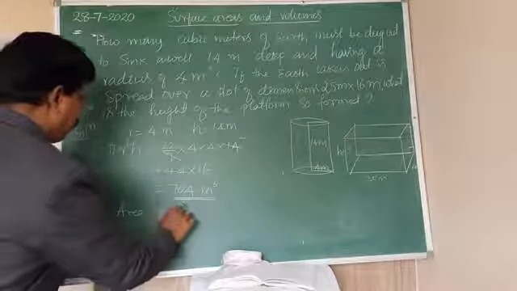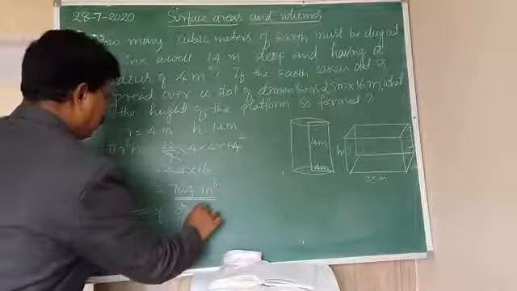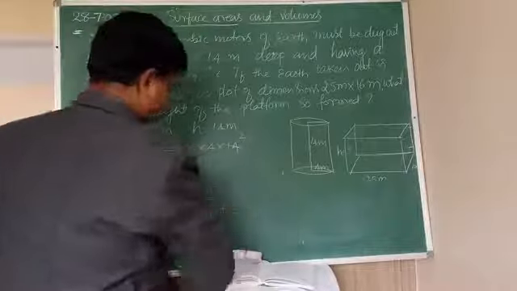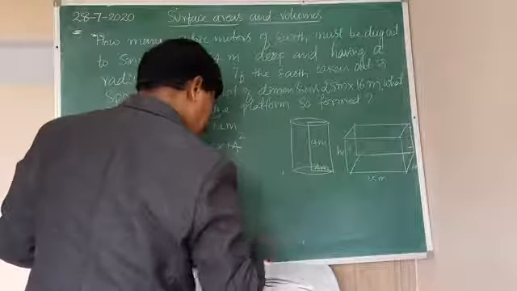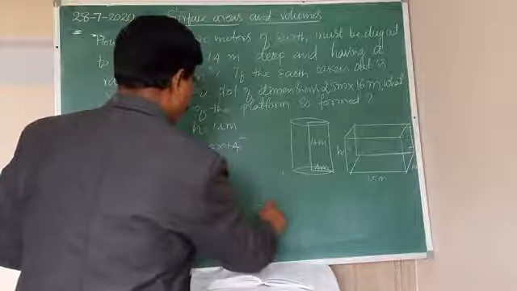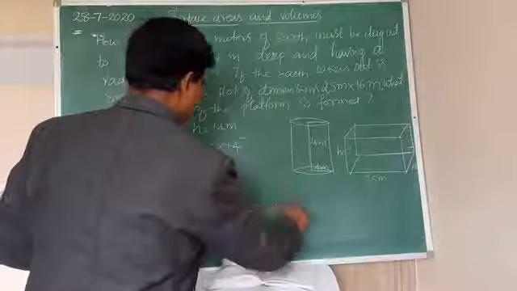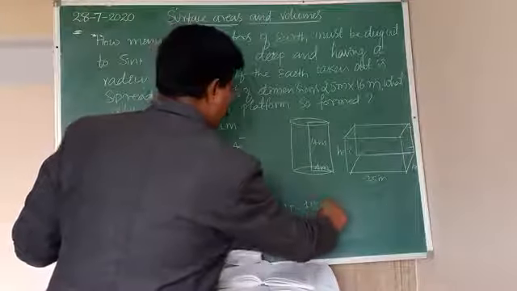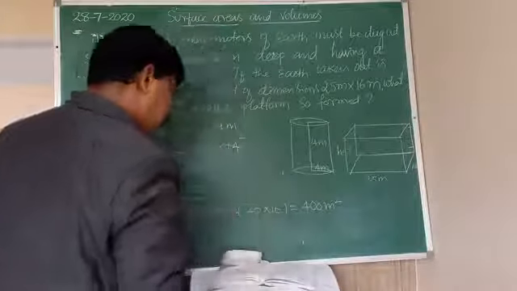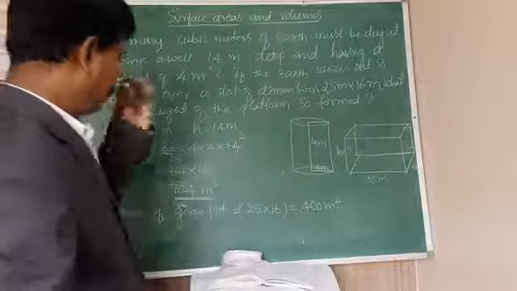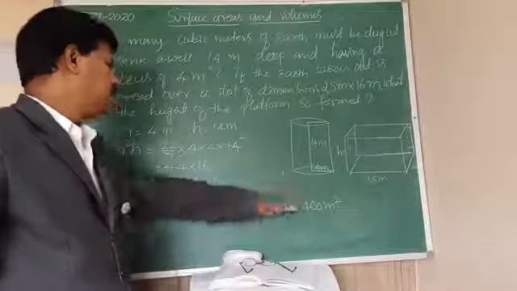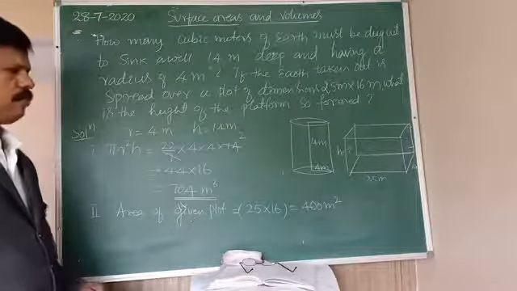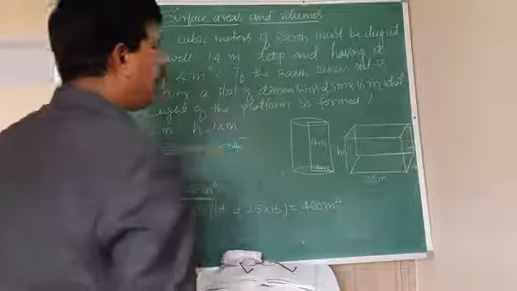Area of the given plot is equal to 25 into 16, that is equal to 400 square meter. Okay, this is the area of the platform. Then we have to find out the height.